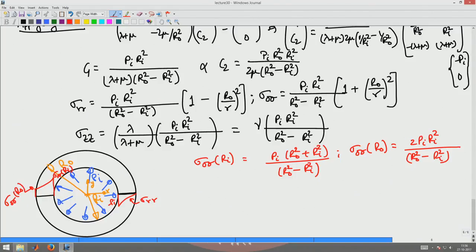Okay. Now, the point is the hoop stress or sigma theta theta stress is tensile in nature, okay, and the axial stress is constant over the entire cross section, it does not vary radially, that is what we got from our derivation. Now, let us understand why there is axial stress and radial stress developed in the cross section, okay.